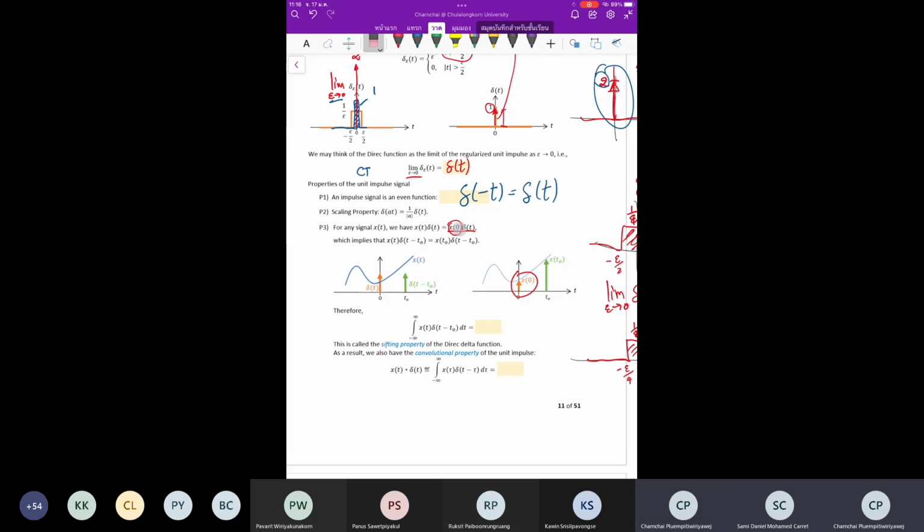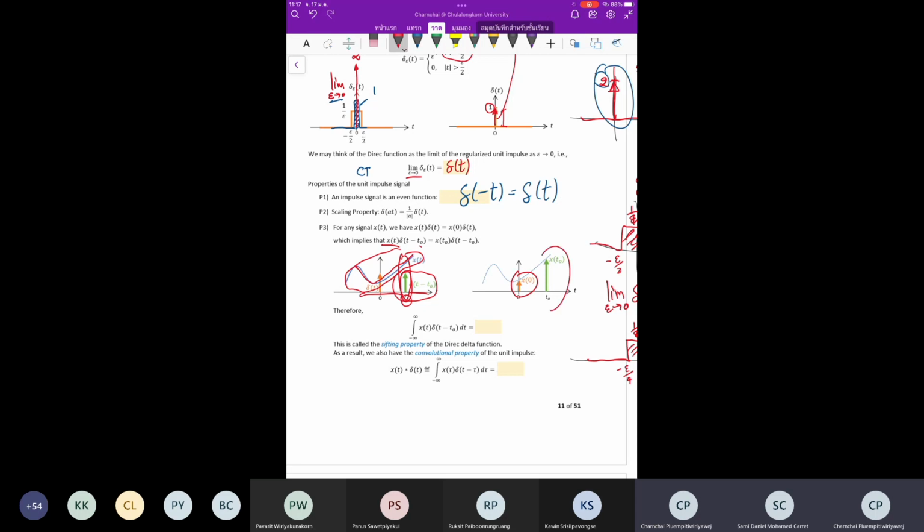Next, this also implies that if you multiply xt, the blue line here, with the green arrow, which is the shifted delta function shifted to t naught, then everywhere else is going to be 0 except at t equal to t naught, where it's going to be the arrow.